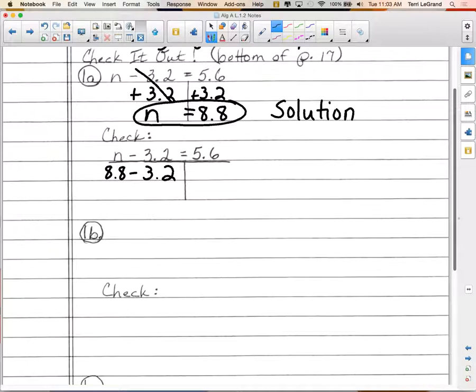We are doing a check problem. We do not need to solve this. We've already solved it. We are evaluating the left side where the variable is and seeing if our value turns out to be the same as the other side. So we work down. We don't add to both sides or subtract from both sides.